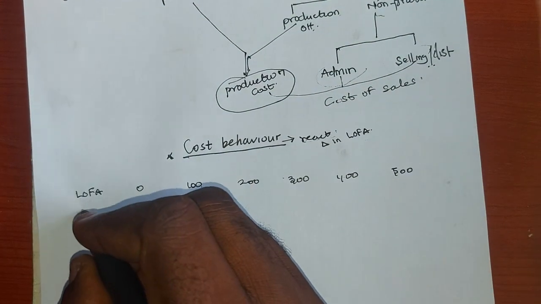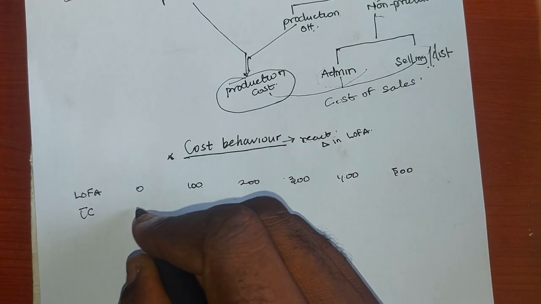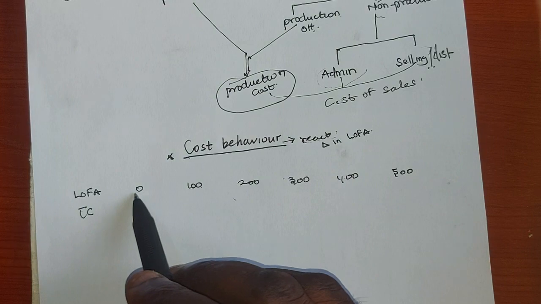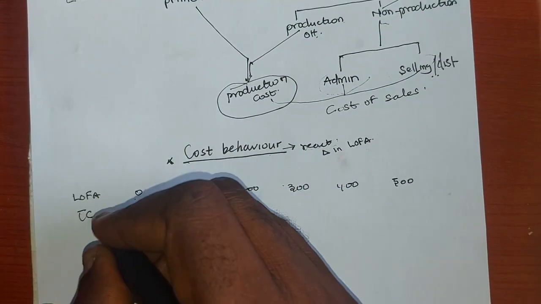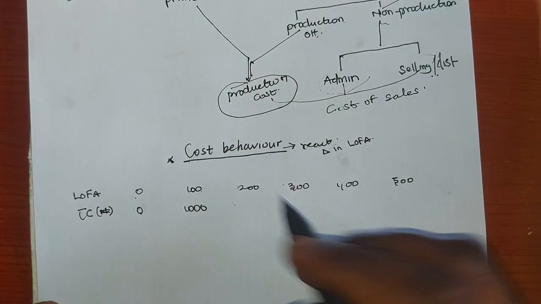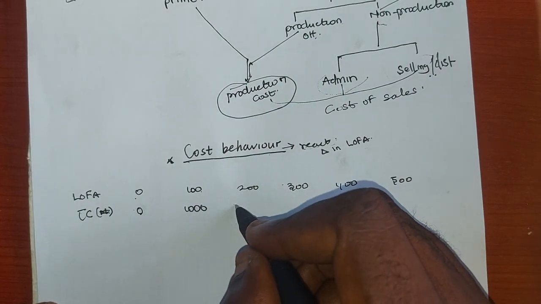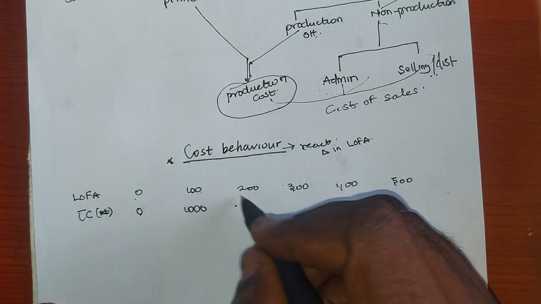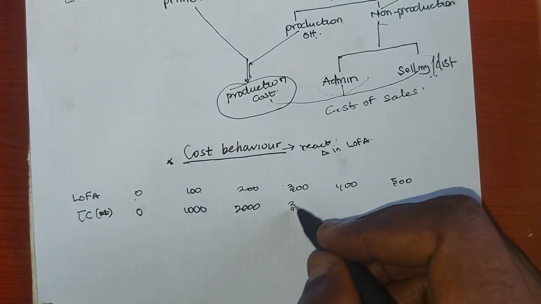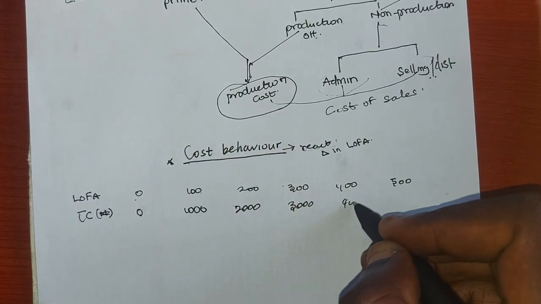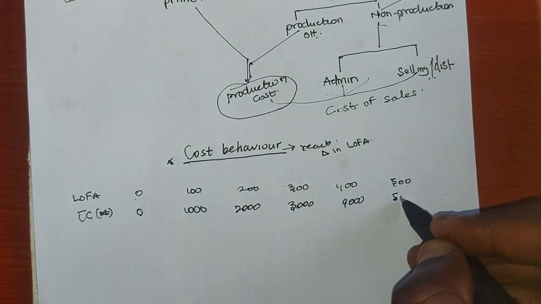Now, let's look at the total cost here. Supposing the total cost here is 0 because there was no activity, then we have 1,000 in Naira. That's the value of producing 100 units, then 200, 300, 400, and 500.